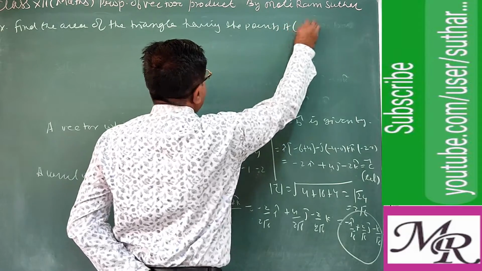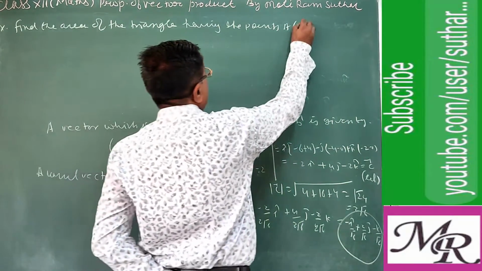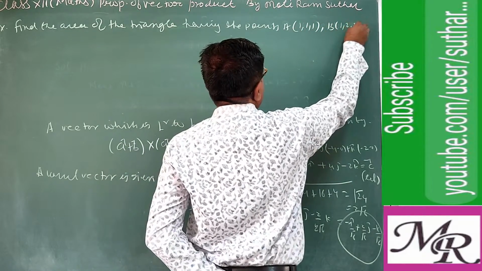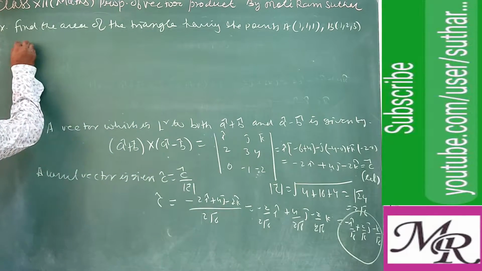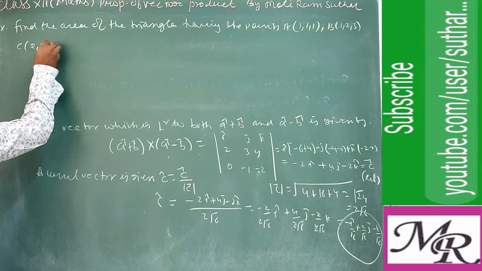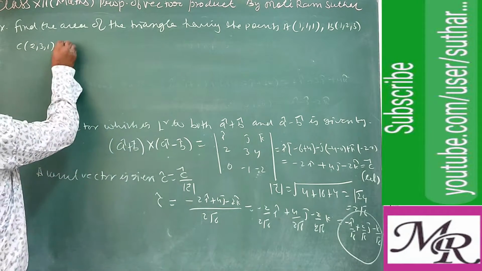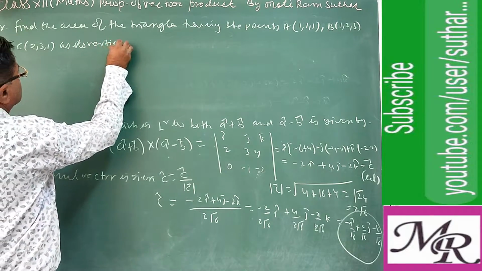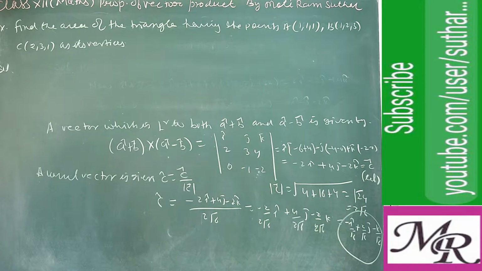We are given the coordinates of the vertices of a triangle: A (1, 1, 1), B (1, 2, 3) and C (2, 3, 1). So we want to find the area.